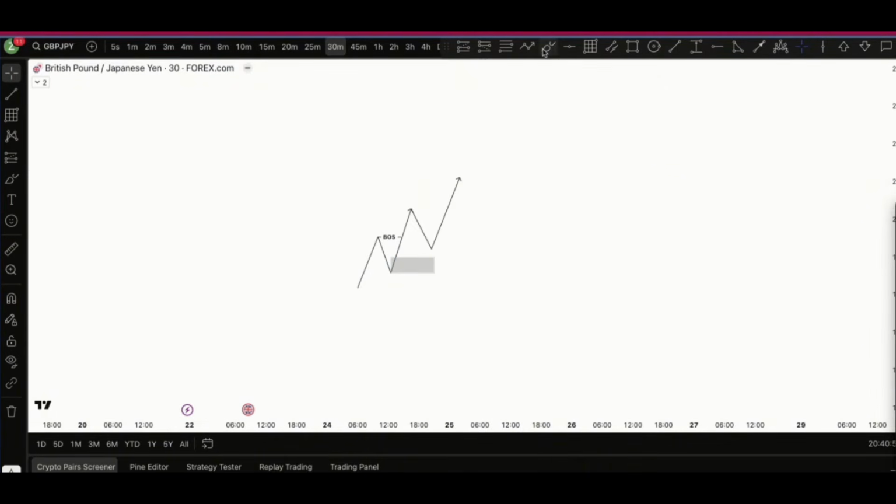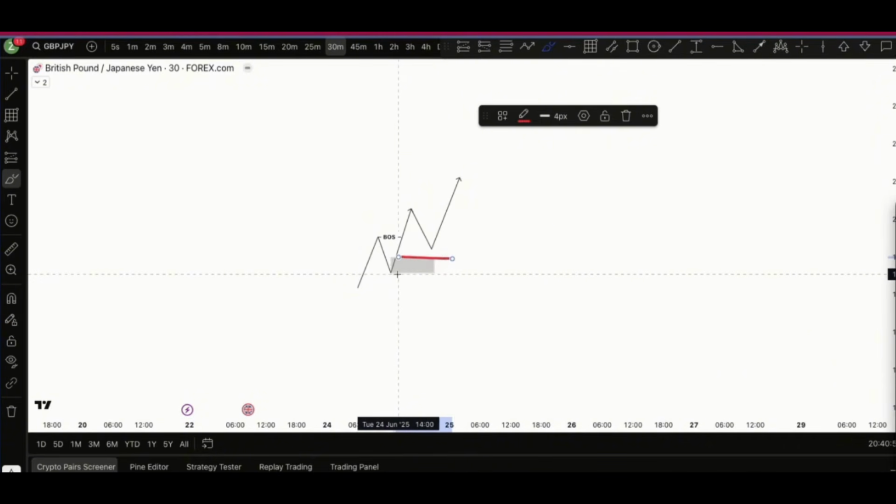That $30 zone is now an area of interest, from $30 to $20. That is where people will be thinking of buying.